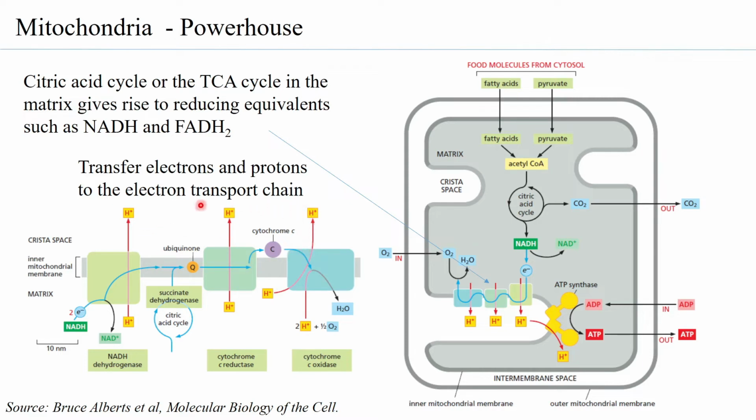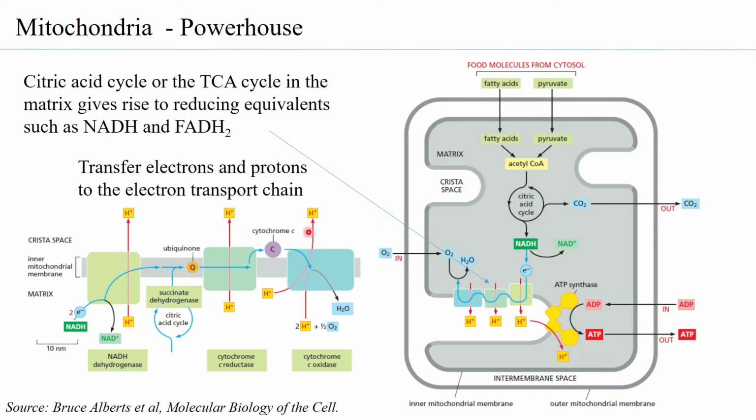So what is going to happen is that protons are going to collect in the intermembrane space, simply because these protons, once pumped out from the matrix, cannot return through the inner membrane, and hence they get collected. This collection of protons leads to the formation of a proton gradient, and that leads to the formation of what is called a proton motive force.